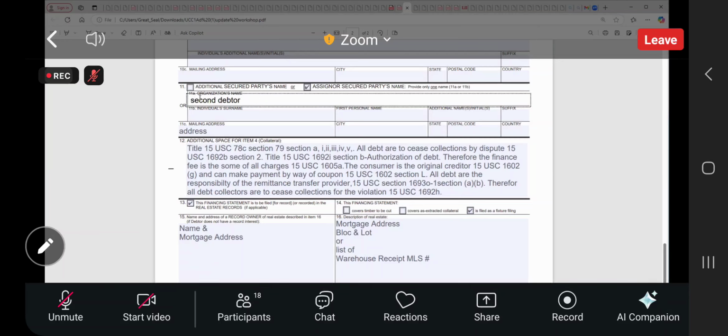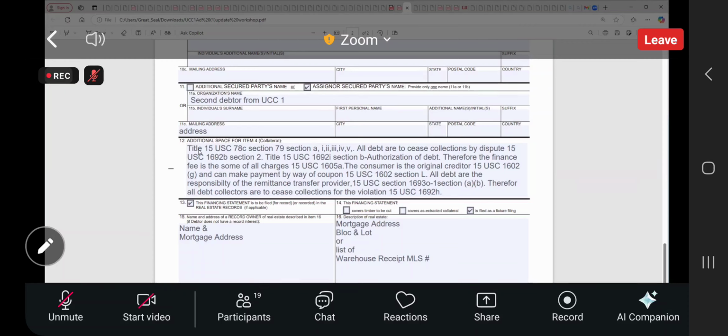Hold on. Okay, second debtor from UCC 1. That's very clear. Fifth grader can understand this. And then you check this box right here, signer.